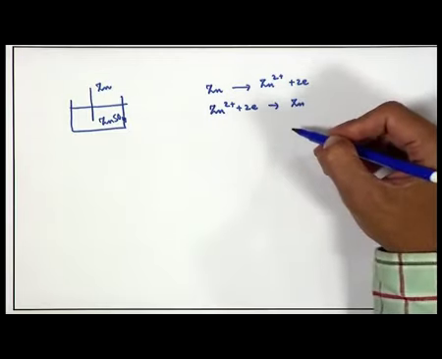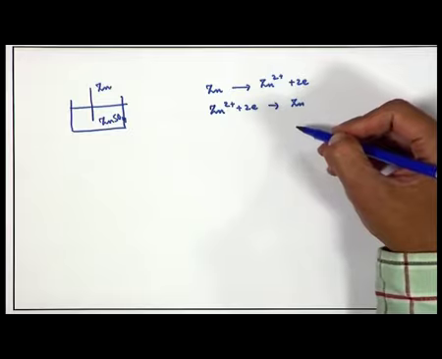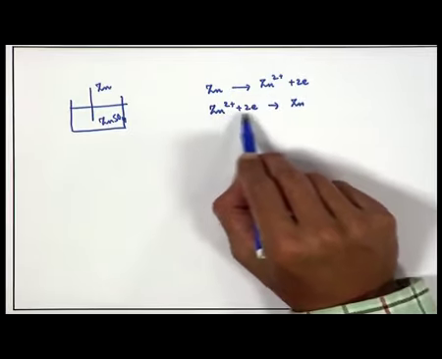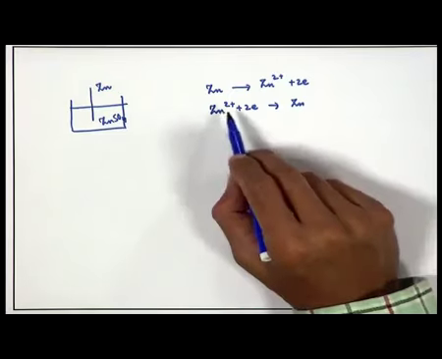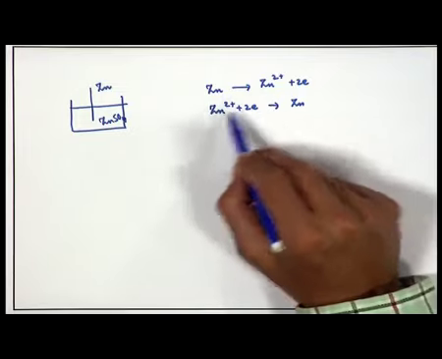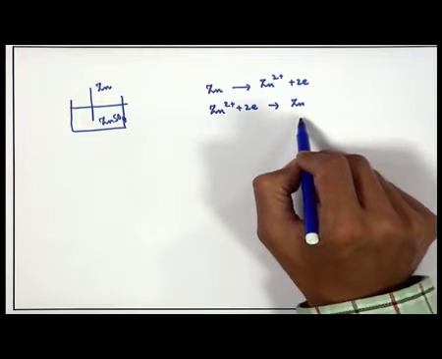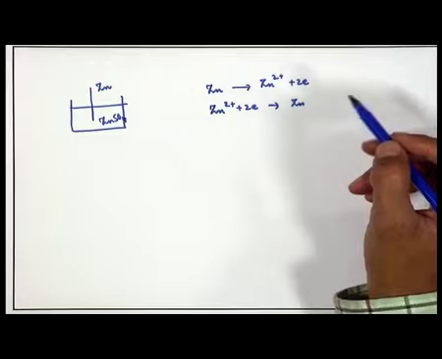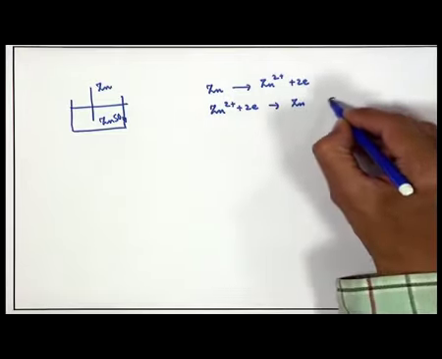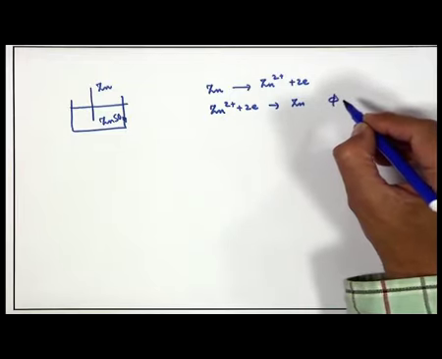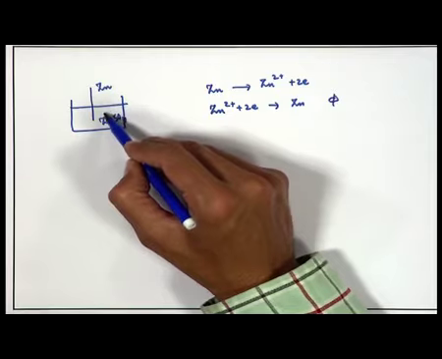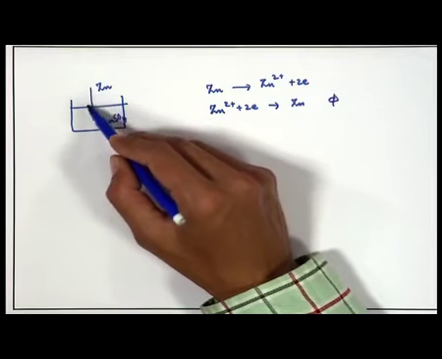So, we have to follow a specific convention, which is the IUPAC convention, that we should use the reduction scheme always. Although oxidation scheme can be used, reduction scheme is prescribed by IUPAC. So, zinc 2 plus twice electron gives zinc, and the corresponding phi, the potential that is developed at this electrode with respect to this solution, is called the electrode potential.